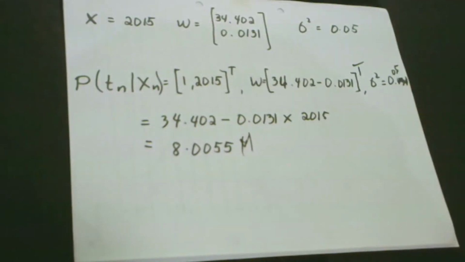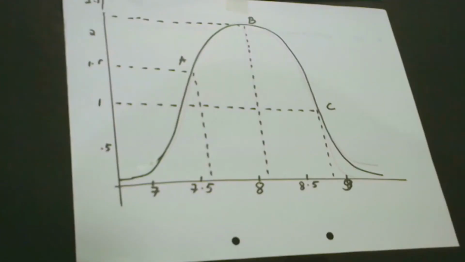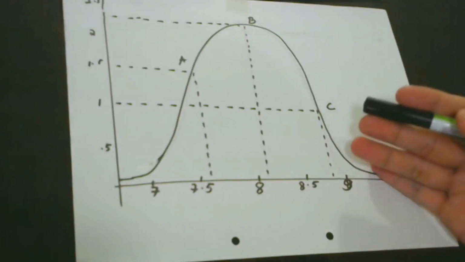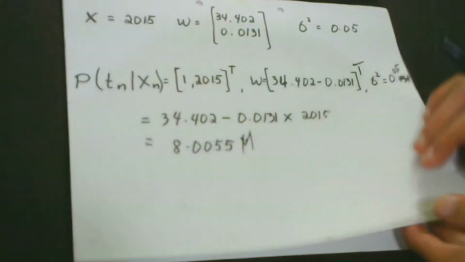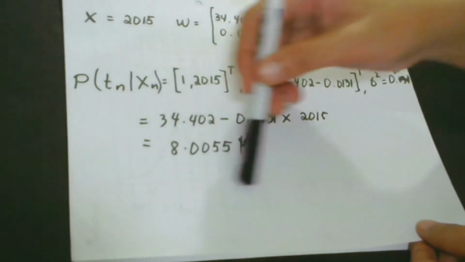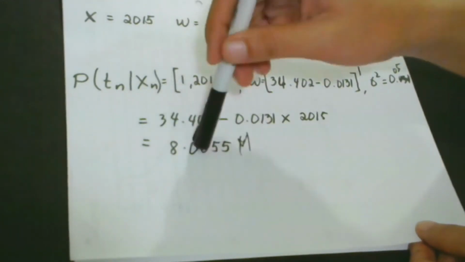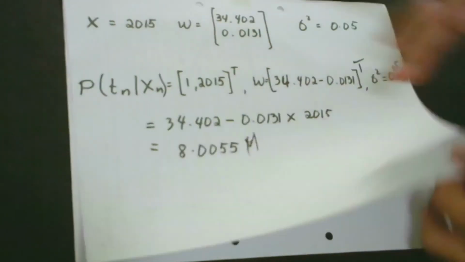And maybe you would like to ask me, what does this value mean? For better understanding, let's have this graph so you could see here the different points. So going back to our question just a while ago, what then is the meaning of 8.0055 million in this case if it is not a probability?